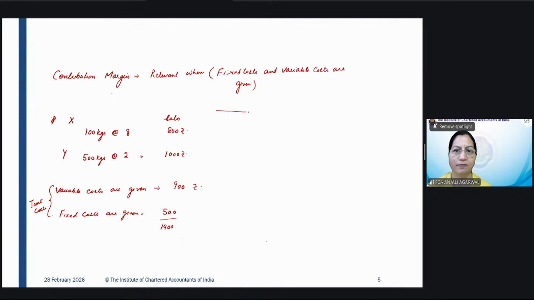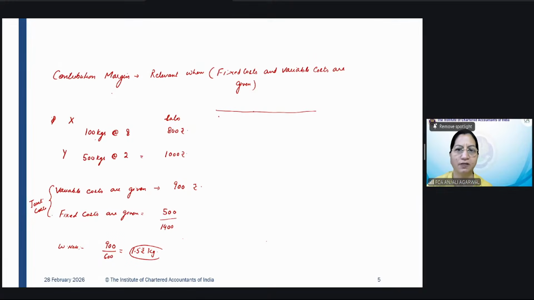So first we will have a working note where the variable cost of 900 would be divided amongst 600 kgs. So the variable cost is 1.5 rupee per kg. Right? 900 divided by 600 kgs. So it is 1.5 rupee per kg.